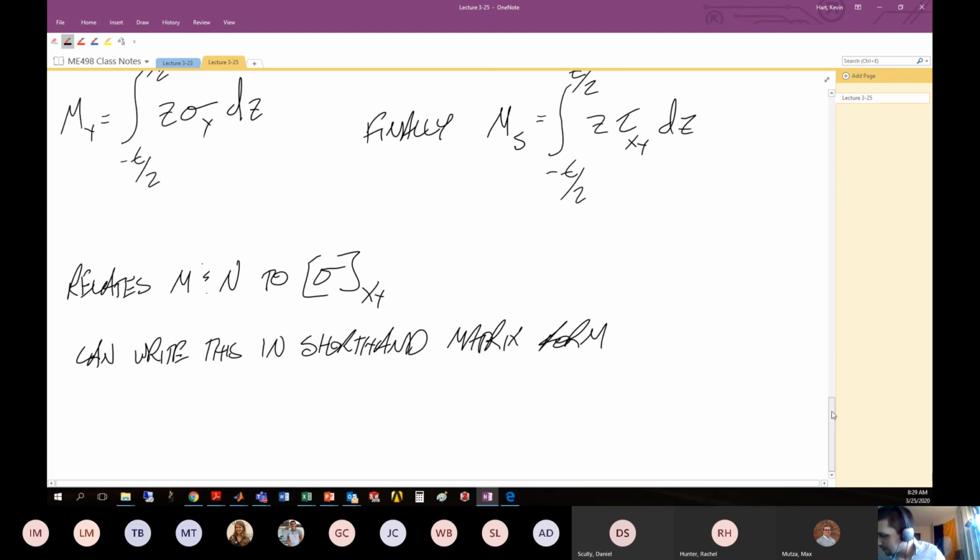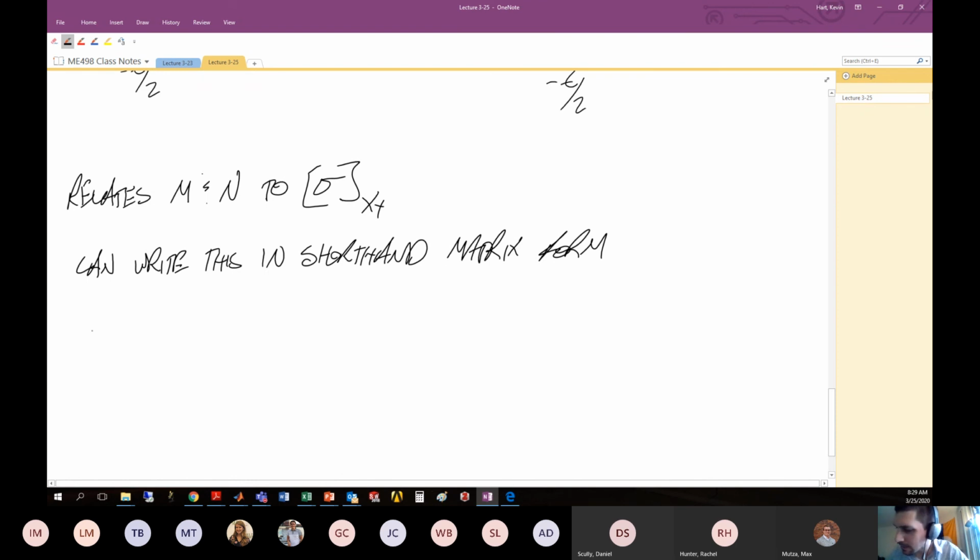And we can write this in matrix form. For axial loads, we have the following: NX, NY, and NS. This is the shear force acting across the face.